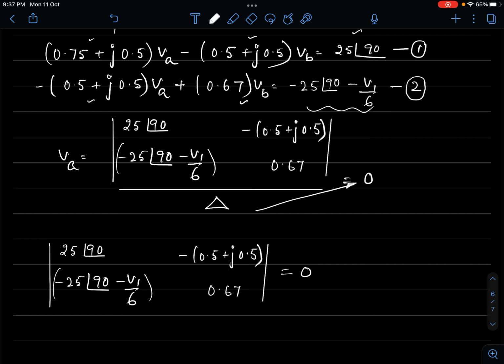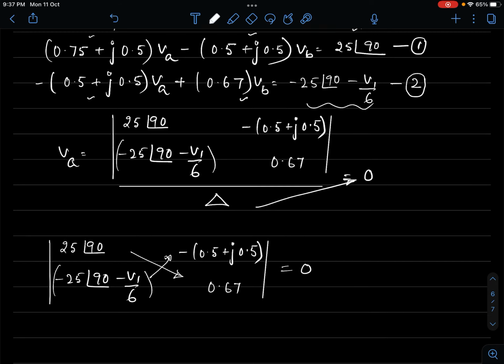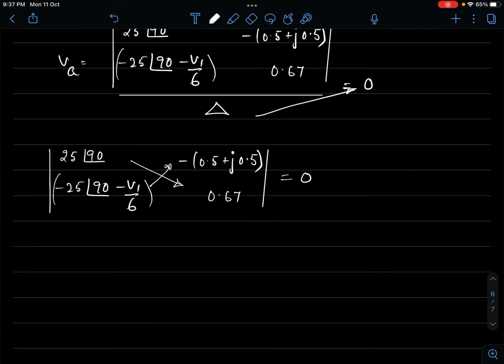So I can expand this. How do I expand this? This into this, minus this into this will give me the value, right? I will do that simple multiplication. This is 25 at an angle 90.